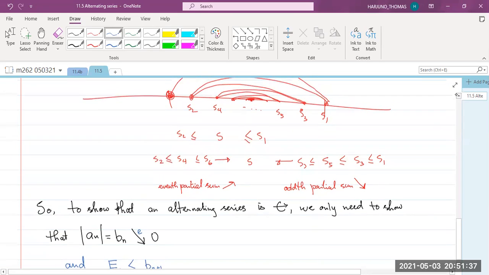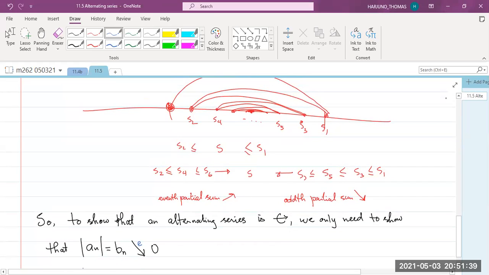Take a look here. From this diagram, let's say this is the infinite sum.